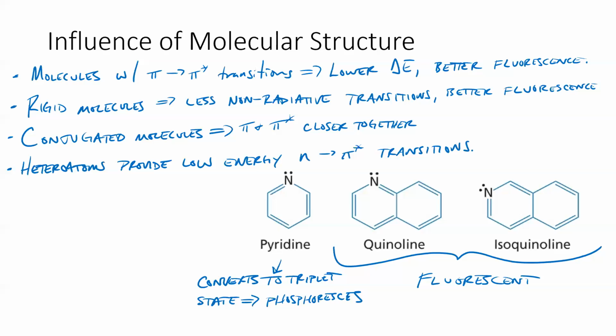Those n electrons, that part of the molecular orbital, can steal energy from other already excited fluorophores very easily because of those low energy n to pi star transitions. They can just, you know, any collision, they'll transfer some energy.